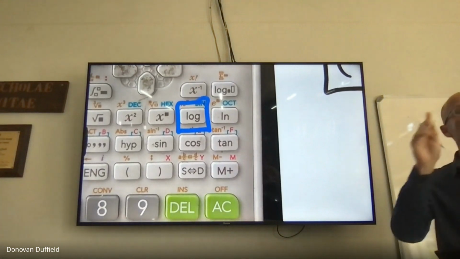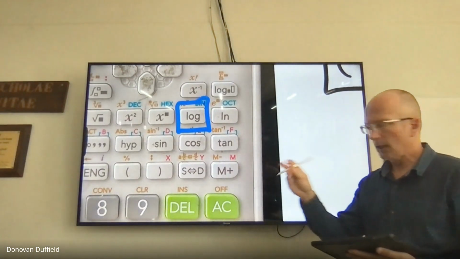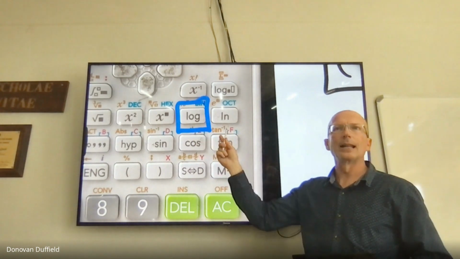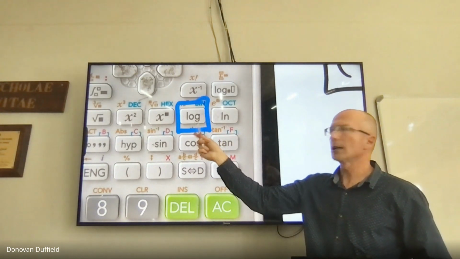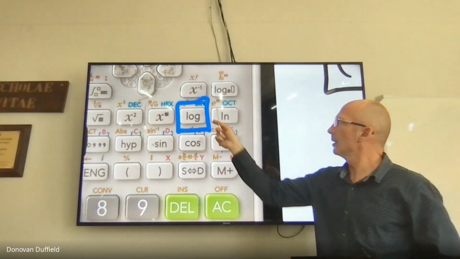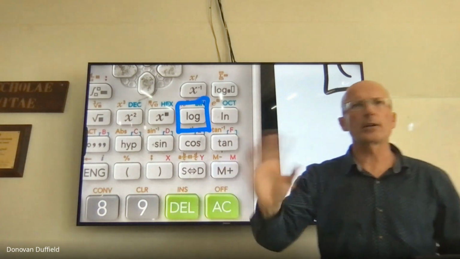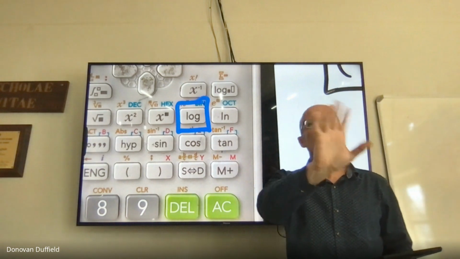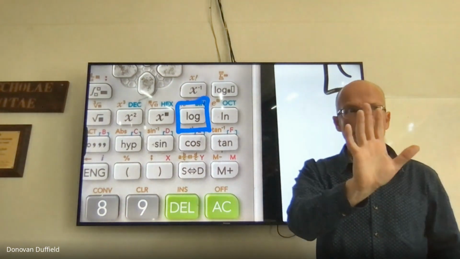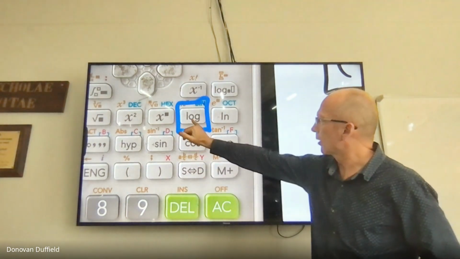Now there are 2 log buttons. There is a log and a ln. A log is to the base 10. Ln is to the base E, which is the natural base, for instance, in exponential decay and radioactive decay. Euler's number. You don't need to work with it. We are going to work with log base 10.